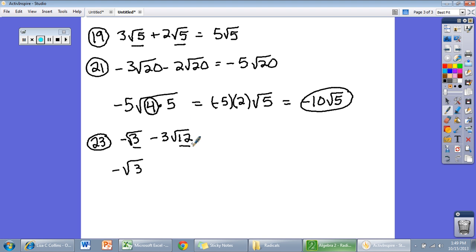The square root of 12 has a perfect square as a factor, and that number is 4. 12 is the same thing as 4 times 3. 4 is a perfect square. So I can take that to the outside.